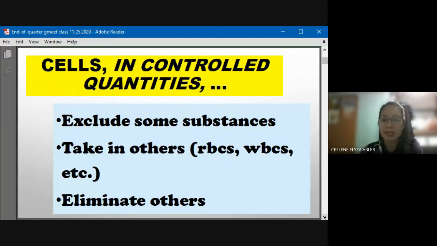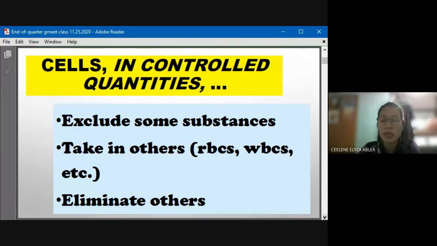Okay, so ano yung gamit ng cells natin as a whole. So the cells are actually the ones that will control ano yung papasok kay cell, ano yung lalabas kay cell. So it will exclude some substances, particularly kung masyado siyang malaki. If it is most likely yung mga polar substances or polar na mga chemicals, are actually those that are meron silang positive and negative charges.